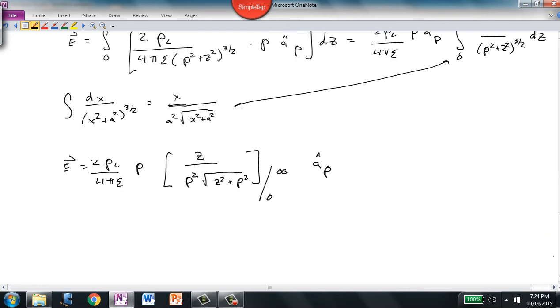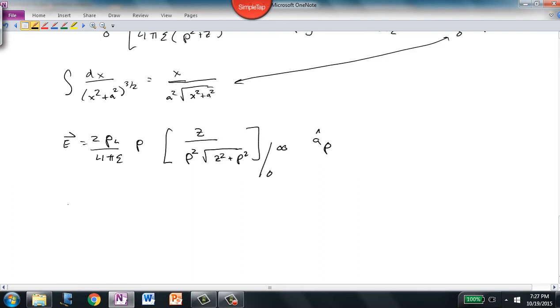So that's the result. All we need to do is plug in the value of infinity for z and 0 for z here. I'll do that real fast.